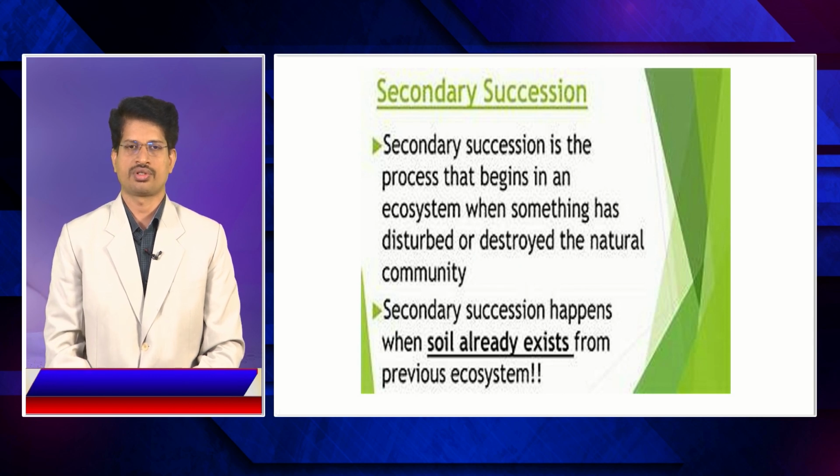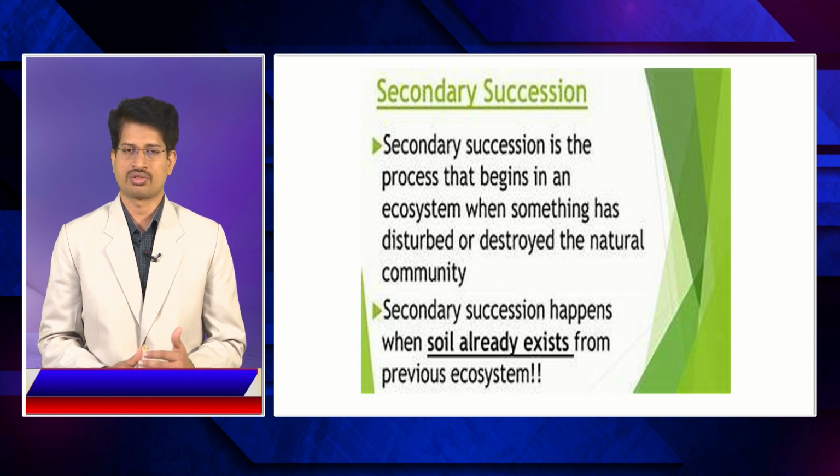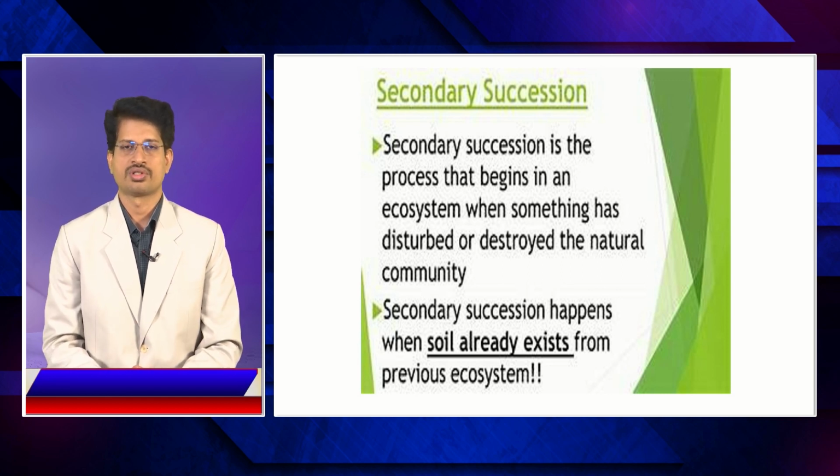Secondary succession is the process that begins in an ecosystem when something has disturbed or destroyed the natural community. So secondary succession happens when the existing primary succession has been destroyed. Secondary succession happens when soil already exists from previous ecosystems.